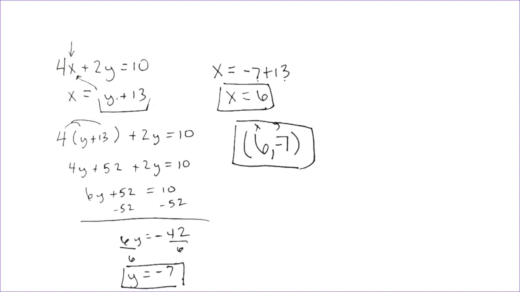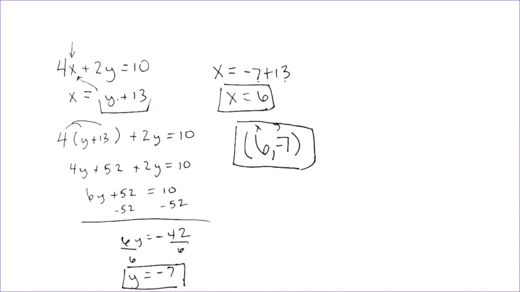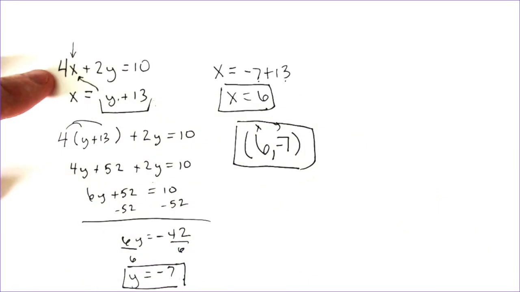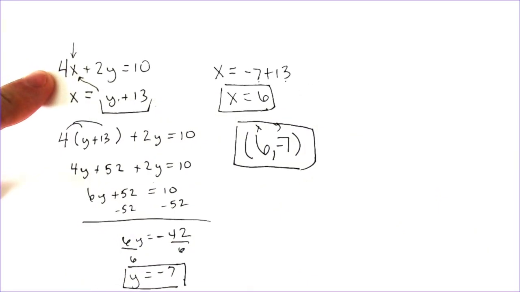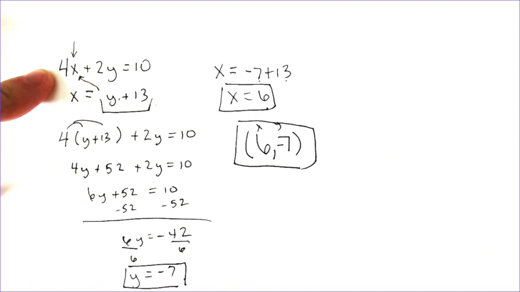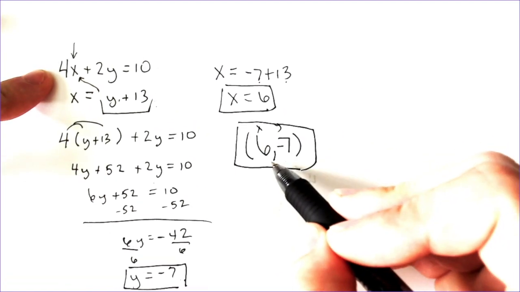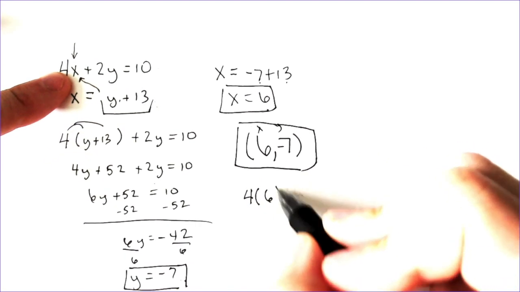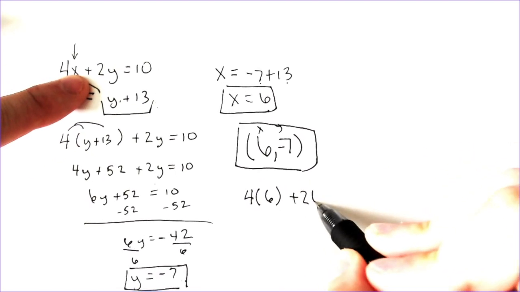If you ever want to check your answer, because sometimes you feel like you made a mistake, you can plug this point into the other equation that we haven't plugged it into yet to see if it works out there as well. And if it does, you will have gotten it right. I'm going to do that just to demonstrate. We could have 4 plugging in the x as a 6 plus 2 times a negative 7.